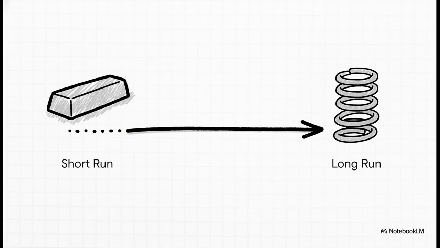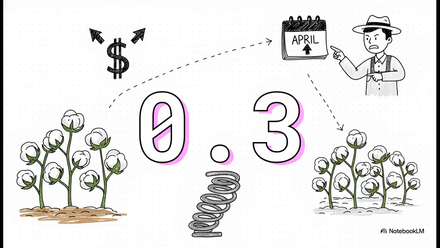Out of all of those, one really stands out as the most crucial, and that's time. Pretty much any product's supply will get more elastic. You just have to give it enough time. Let's look at a real-world example: cotton. In the short run, its price elasticity is about 0.3. That is very inelastic. Why? If cotton prices spike in the middle of the growing season, a farmer can't just snap their fingers and plant more.